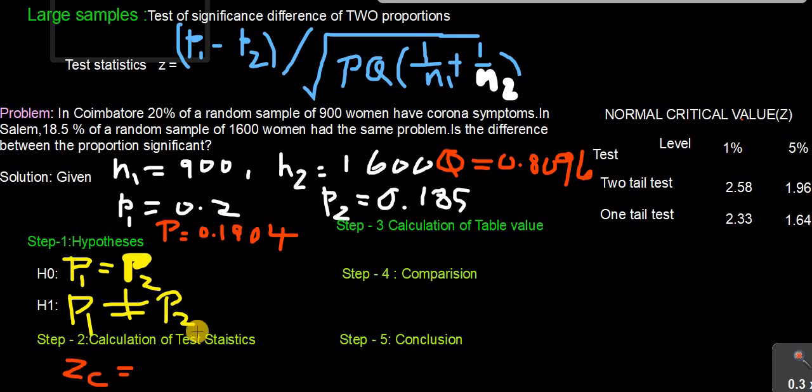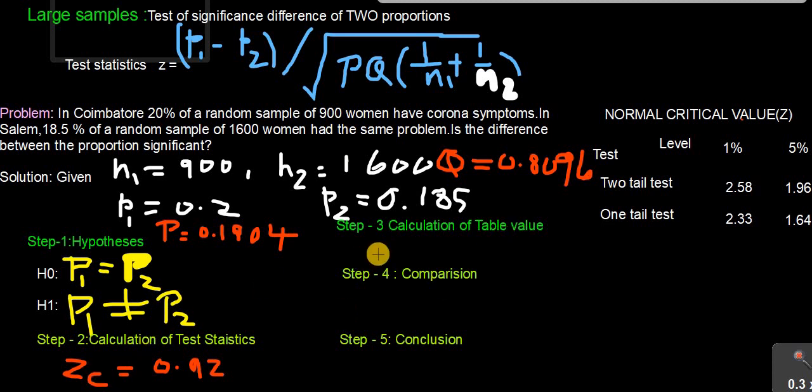That is what I am writing here, 0.92. That is step number 2. So the calculated value of this normal variate Z equals 0.92. Now let us calculate the table value for this particular statistic.